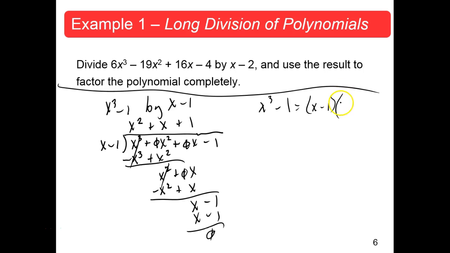Square the first, x squared, opposite the product of the two, not twice, opposite the product of the two, plus x, and then square the last, plus 1. And that's exactly what we got here. So you knew that, didn't you? But this just confirmed it. If you didn't want to remember the formula, you can always do division. Okay? See how that works?